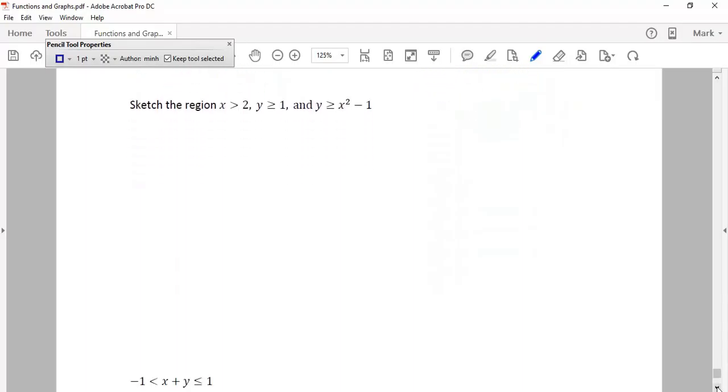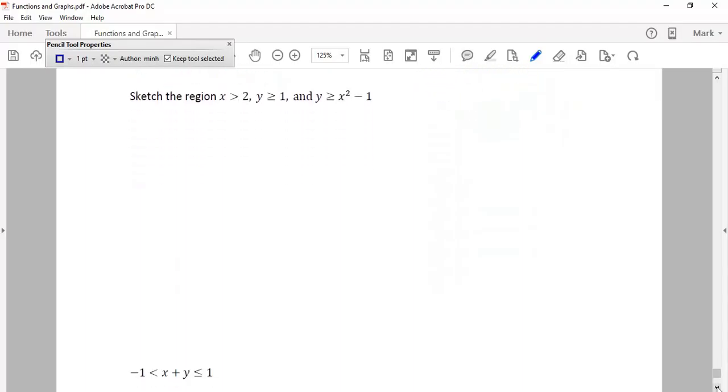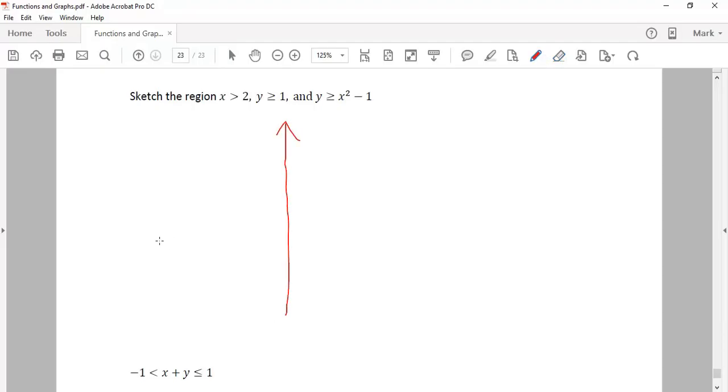Alright, so now this is similar to the last one, so we're going to sketch these three sections on the one line. So first we'll draw our axis. So x is greater than 2.